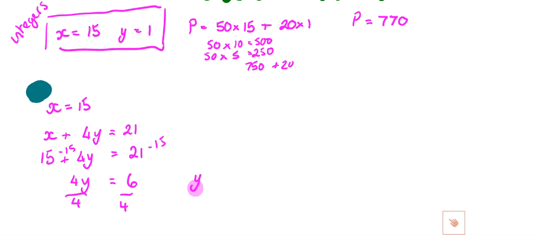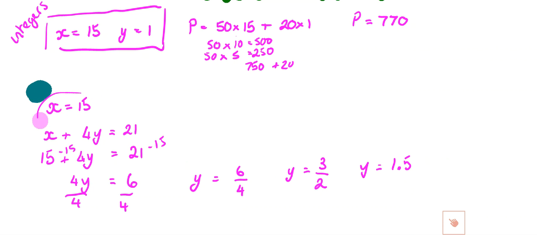So I'm left with y equals 6 divided by 4, which if we're good at simplifying fractions ends up being 3 over 2, which is 1.5.